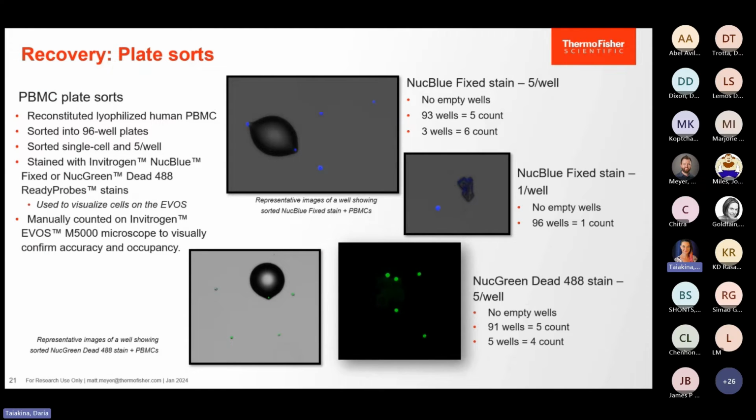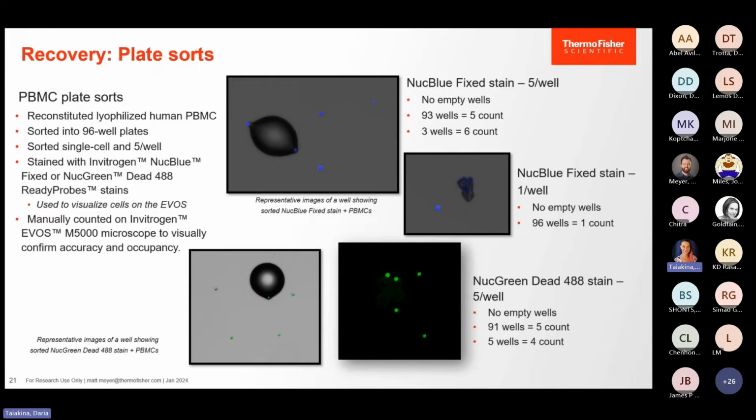Recovery and plates. And so PBMCs and plates, lyophilized PBMCs, we sort into 96 well plates, typically do five or single cell, and then we visualize these on a microscope. So we have an EVOS microscope that we can use to go back and count.